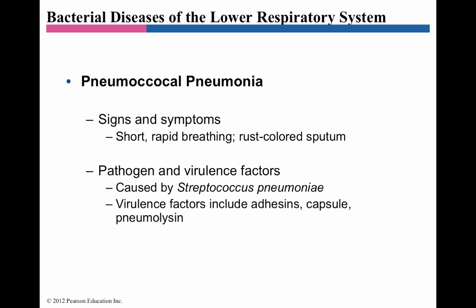We do know that adhesins are really important. They are produced and secreted, and they attach the bacterium to the epithelial cells lining the respiratory tract. Some of them also have capsules, which protect against phagocytosis. Many of them have a cytotoxin called pneumolysin.